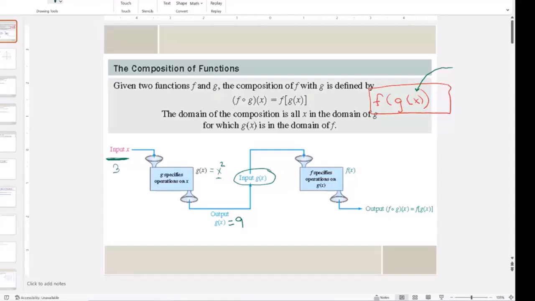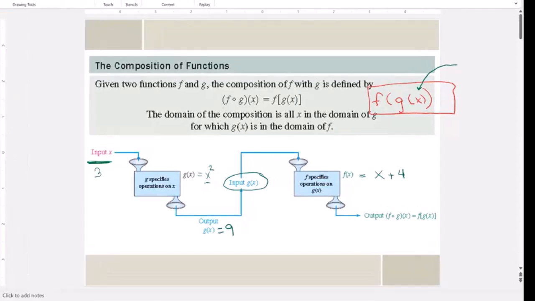Let's say f of x is equal to x plus 4. I put 9 in, it goes through this f machine, and out comes 9 plus 4, which is equal to 13. So that would be my composition.